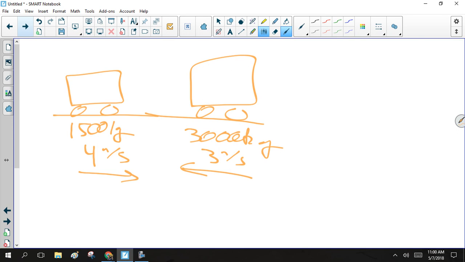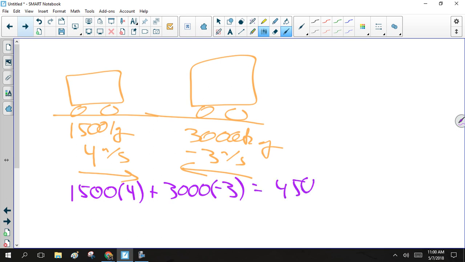So you got to make this guy negative. All right, and they stick together, right? So it's a perfectly inelastic collision. So you should have 1,500 times 4 plus 3,000 times negative 3 equals 4,500 VF. Solve for your final velocity. You get 2/3. Cool?